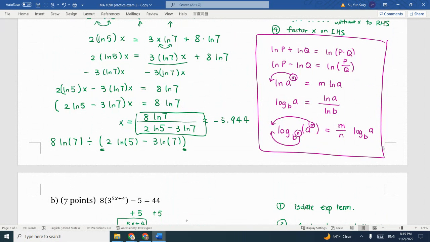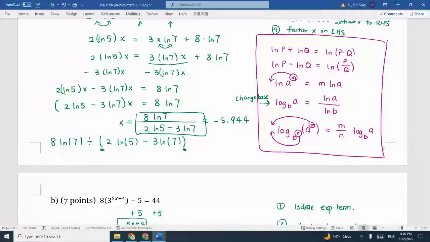And then ln of a to the m, we can move the power down in front, so it's m ln of a. And then this is the change of base formula. That's how you use your calculator, because your calculator only has ln and log, which is base 10. So for any log base b of a, that's ln of a over ln of b.